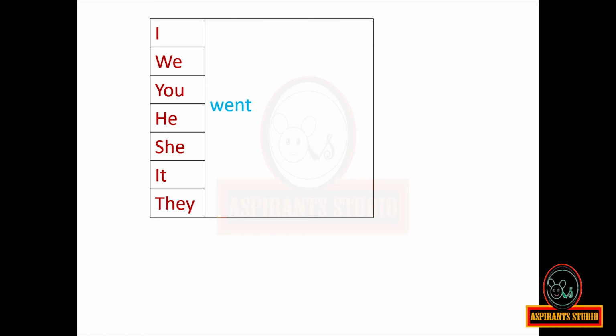In simple past tense, for I, we, you, he, she, it and they, we use the verb went. That is the past form of the verb go.